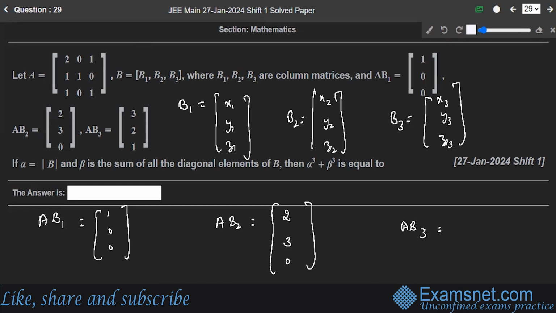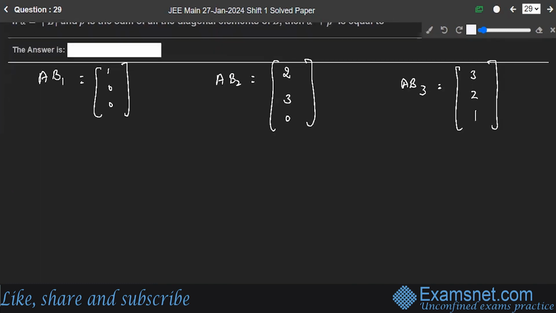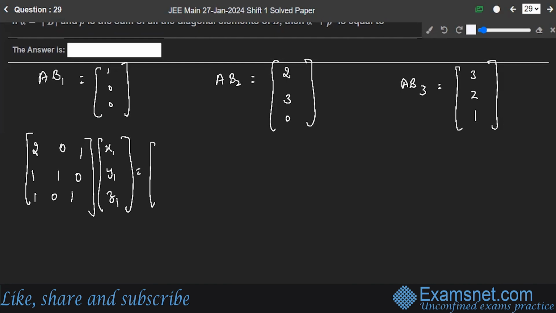A B3, 3, 2, 1. Right. So let's write down what your A matrix was: 2, 0, 1, 1, 1, 0, 1, 0, 1, times x1, y1, z1. This is equal to 1, 0, 0. Similarly, for the second and for the third.